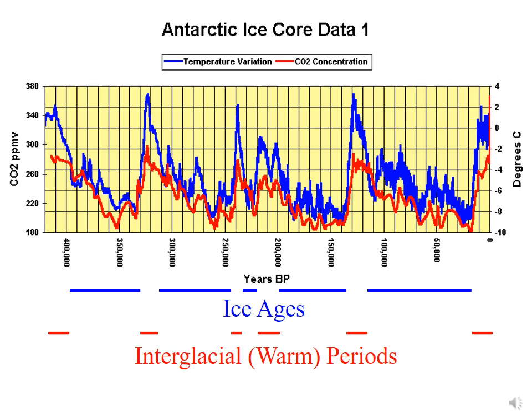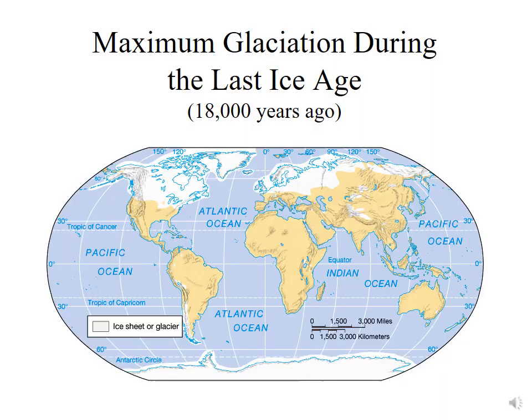And the Vostok ice core eventually went back to over 800,000 years, but here's just the first half of the Antarctic ice core from Vostok. Very strong correlation between temperature and carbon dioxide.